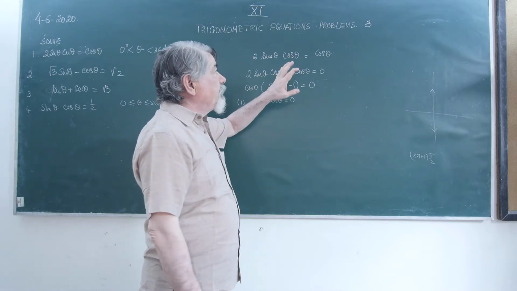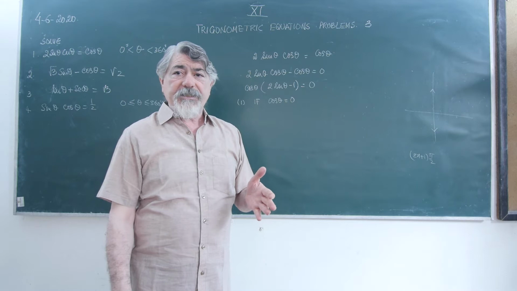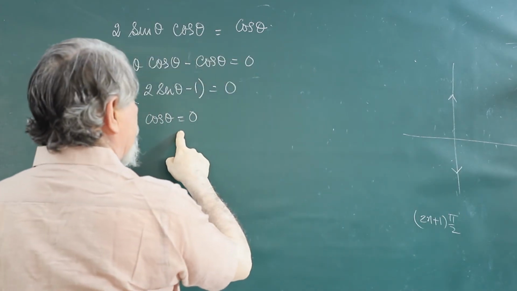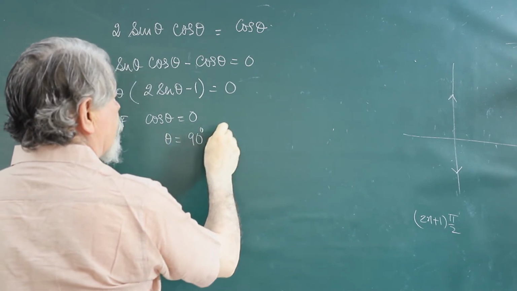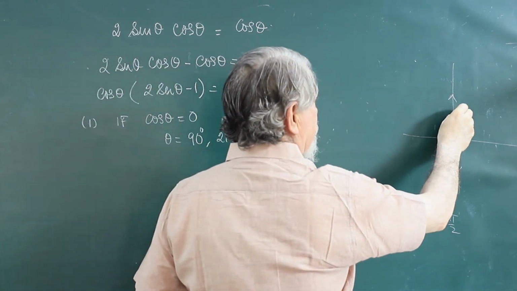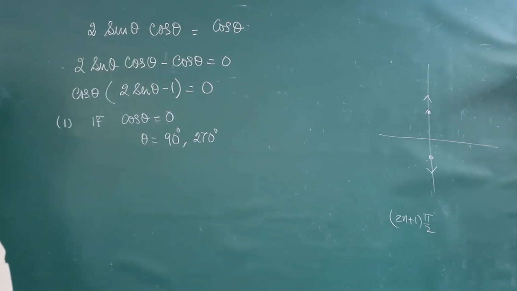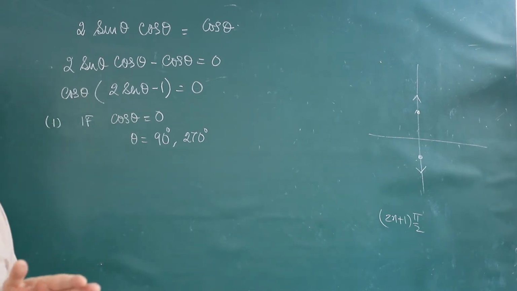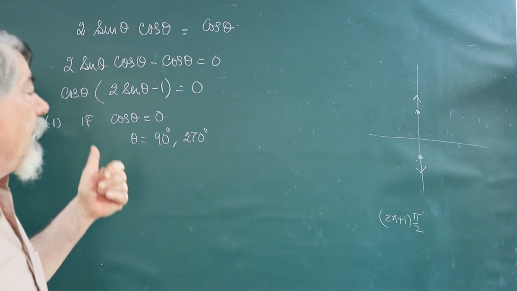We are talking of specific values between 0 and 360. So if cos theta is 0, then theta will be 90 or 270. Either it will be here or it will be here. It can carry on, but we are talking of the value between 0 and 360.